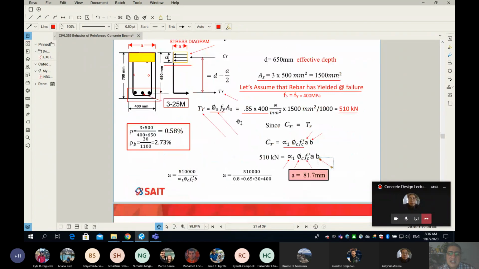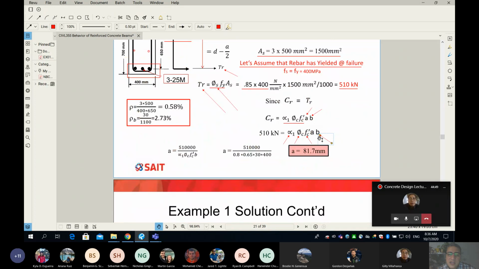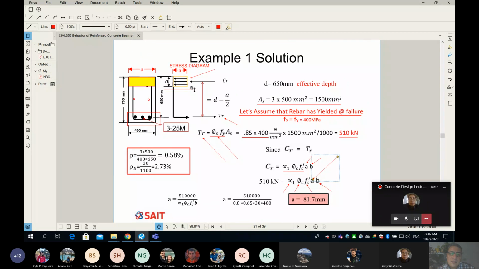So guys, this means everything is known except this number here, which is the depth of the equivalent compression block, called A. So what we can do is work the math out, and we can find the value of A. You can see the value of A is 81.7 millimeter.